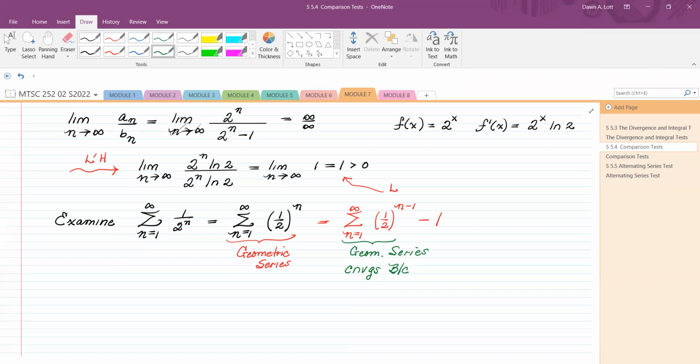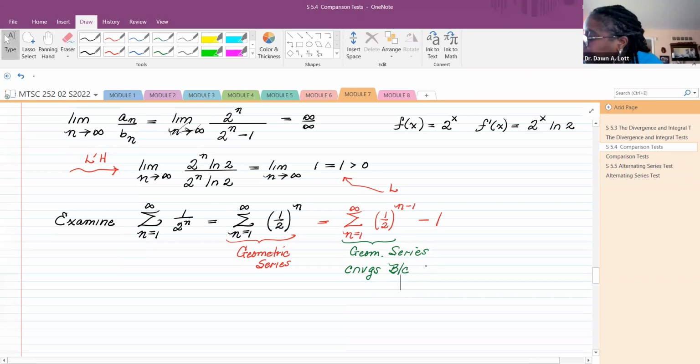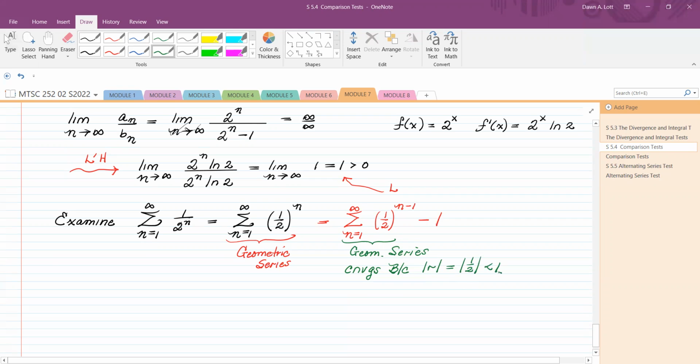Is it when it's... I'm not sure. I'm not going to guess because I don't want to be wrong. Okay, I can tell you're thinking this converges because the absolute value of r, which is the absolute value of 1/2, is less than 1. You got it? Yeah.